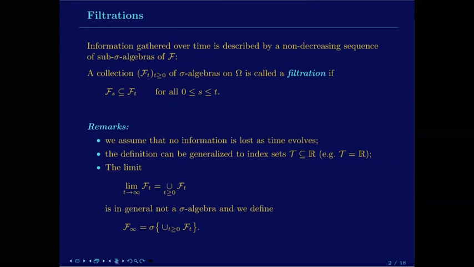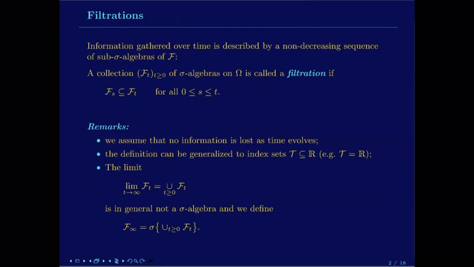So we call a collection of sigma algebras a filtration if they are nested according to their index set. So for time s smaller than time t, the sigma algebra at s is contained in the sigma algebra at t. By stating that, we assume that no information is lost over time.